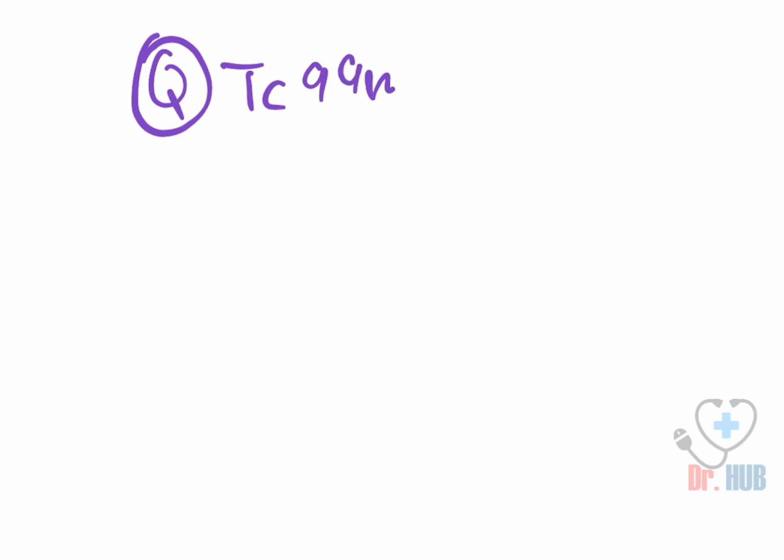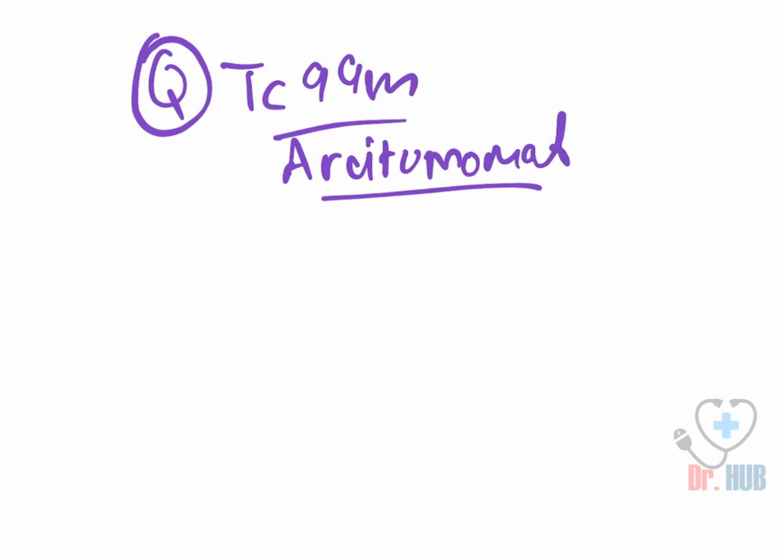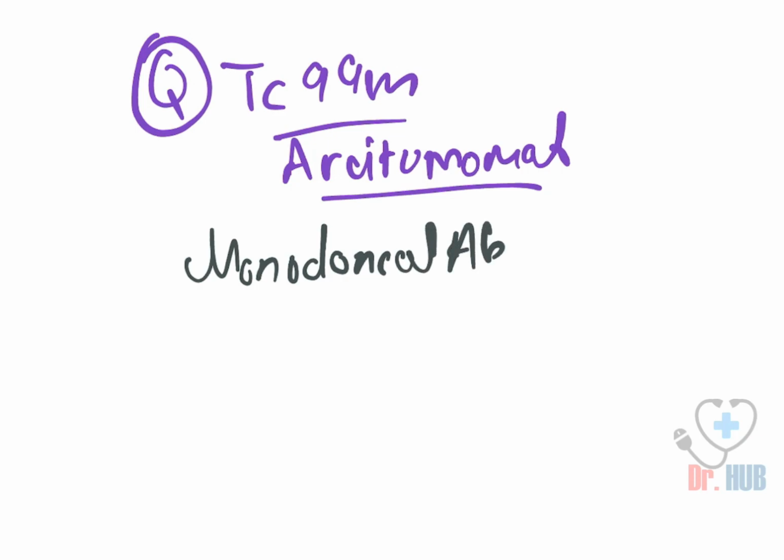Now we'll be answering our questions. The first question we asked was, what is the use of TC99M arcitumomab? TC99M arcitumomab is used as a monoclonal antibody for colorectal cancer.